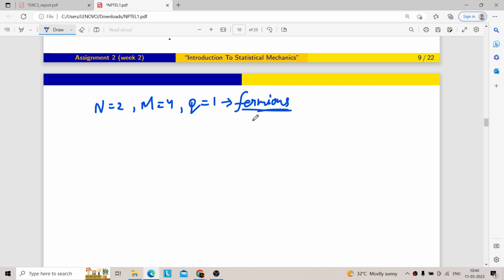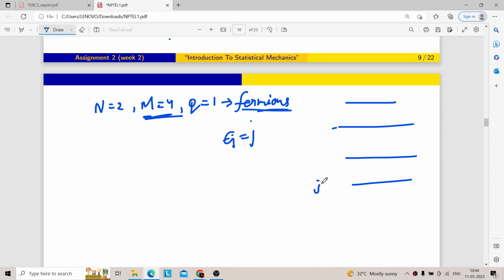So we have a total of 4 energy levels: 1, 2, 3, 4, and for each energy level we saw that epsilon j equals j, so the first has energy 1, then this is 2, this is 3, this is 4.